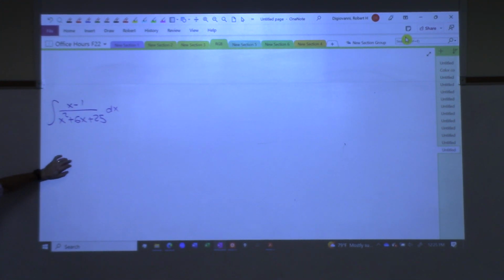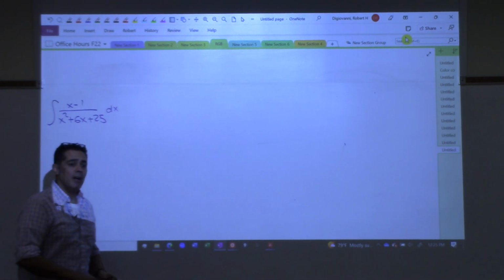So what else? Check real quick for basic u-sub. I don't think basic u-sub would work, right? No. So what is the method that I shared with you when you have linear over irreducible quadratic? How did I show you? I forced it to happen. This is the one where I force it to happen. So I'm going to go through that, all right?